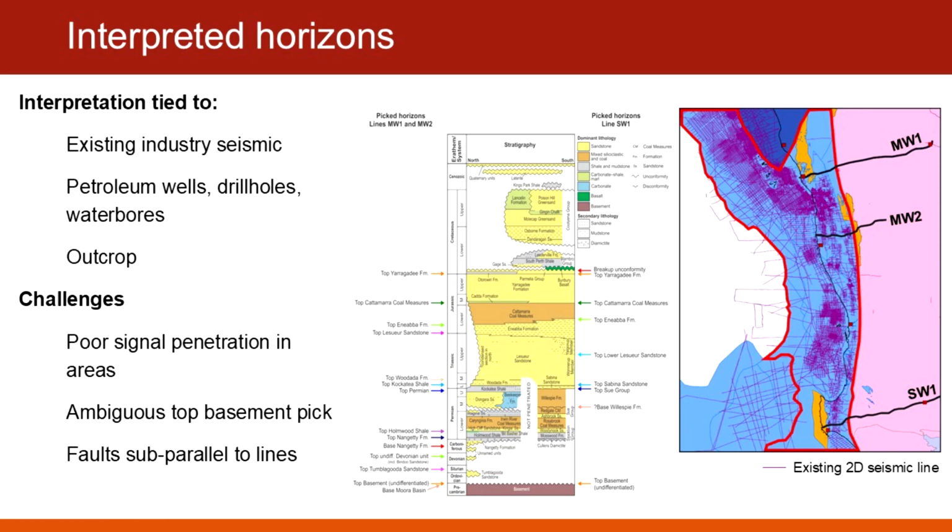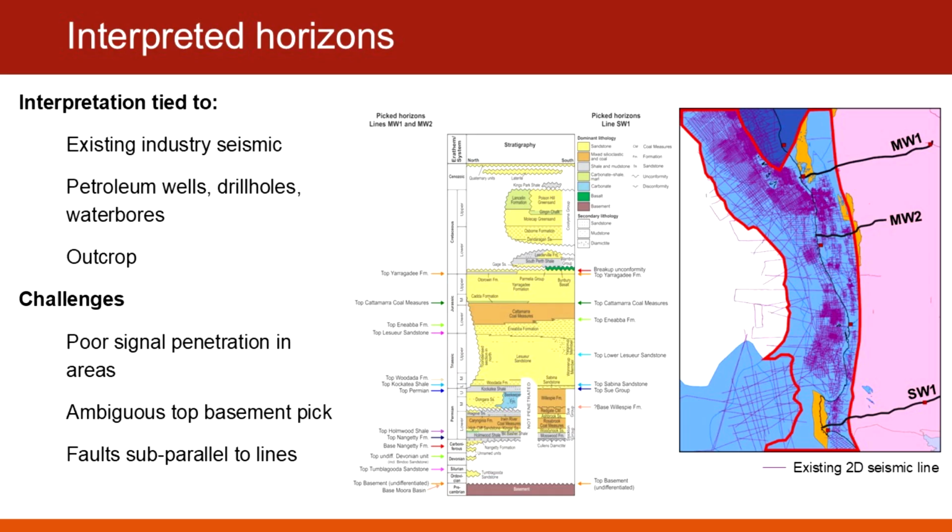It can be really difficult to pick the top of the basement, and where faults are subparallel to lines, it can be really, really tricky to pick. That's why having this network of existing industry seismic lines really helps to constrain the strike of these faults.